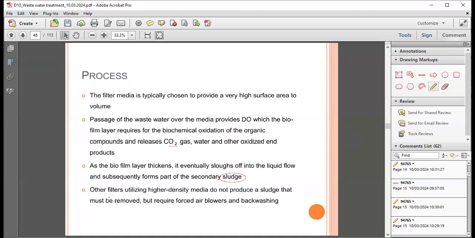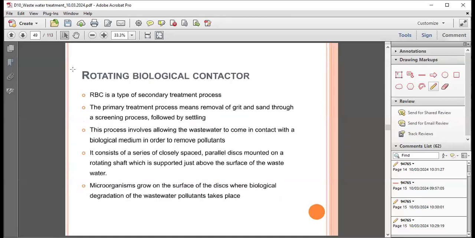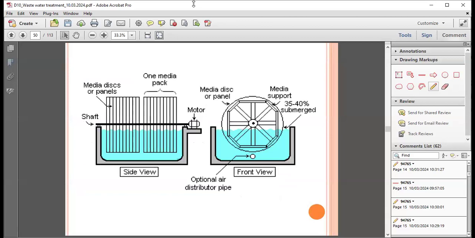Other filters utilizing higher density media do not produce sludge that must be removed, but require forced air blowers and backwashing, right? Rotating biological contact, we will see what the meaning is.